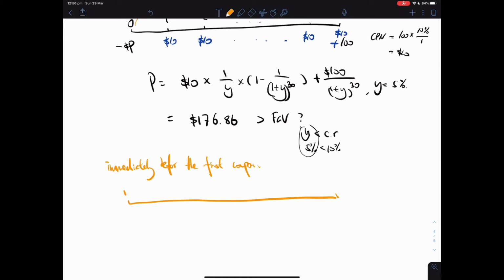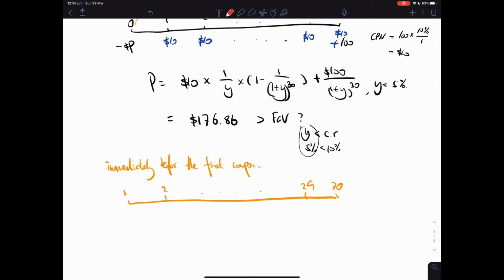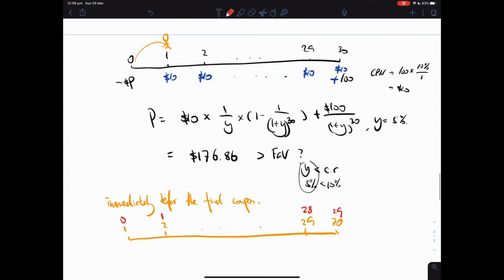So here, 1, 2, 29, and 30. Because people don't like starting from something non-zero, let's just make that perspective 0, then 1, 28, 29. Remember here we're saying that's immediately before the first coupon. So that means essentially we are here, right? We're here.